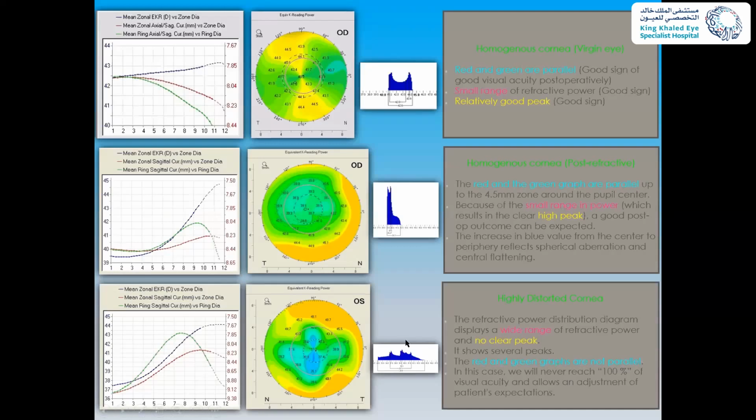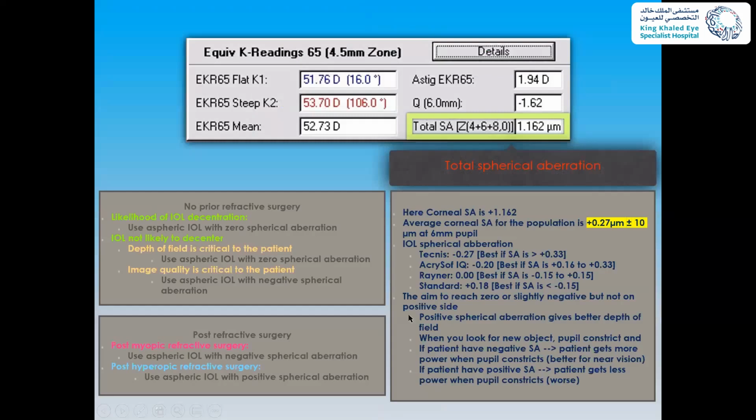If it is a tight peak, it means you are pretty sure, your confidence increases, and you can tell the patient that whatever IOL calculation or power is coming out, it aims to hit the target. But if you see something like that, with no clear peak, there is a good chance that you are not sure whether an IOL of 21 is good or 24, and you can end up with over- or under-correction. So if you see this, you should be happy. If you see this, just warn the patient.